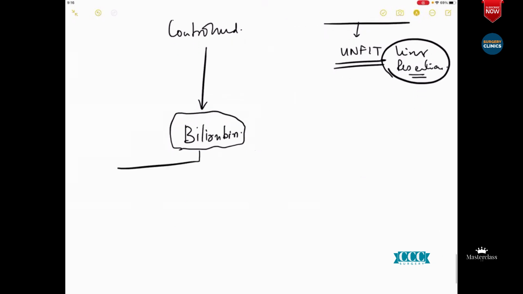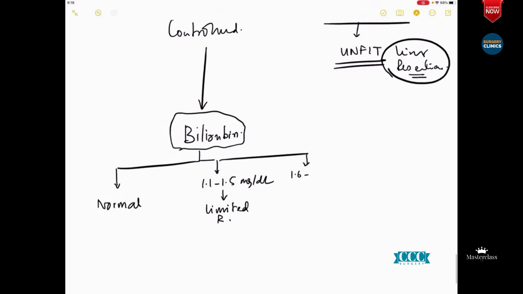And if the bilirubin levels are normal, but if the bilirubin levels are between 1.1 to 1.5 milligram per deciliter, we go in for a limited resection. If the bilirubin levels are 1.6 to 1.9, we go in for enucleation. Definitely, we are talking about HCCs and even maybe metastatic tumors. Bilirubin equal to or greater than 2, no liver dissection.